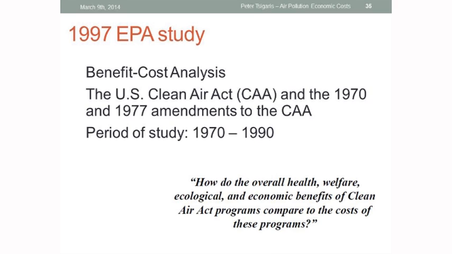Are there any benefits to environmental regulation? The period of study was from 1970 to 1990. It was peer-reviewed by a scientific advisory committee of Congress. Are there benefits to these regulations, or are we just imposing a higher cost to the industry with no benefits?